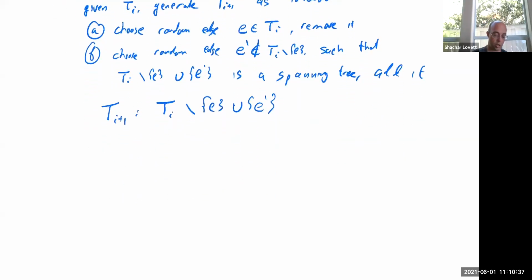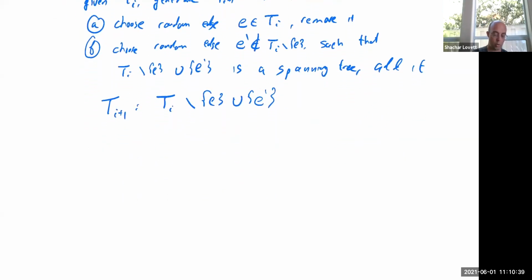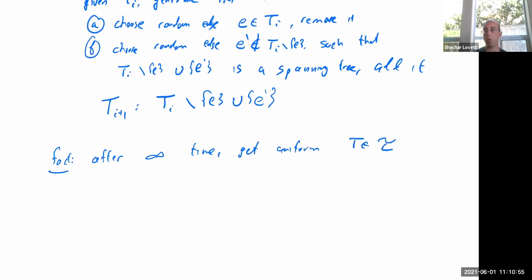And then the main question. We saw this general fact that says after infinite time, we get a uniform T in the set of spanning trees, but of course we don't want to run for infinite time. So the real question was, how many steps should we run until this converges to be very close to the uniform distribution?